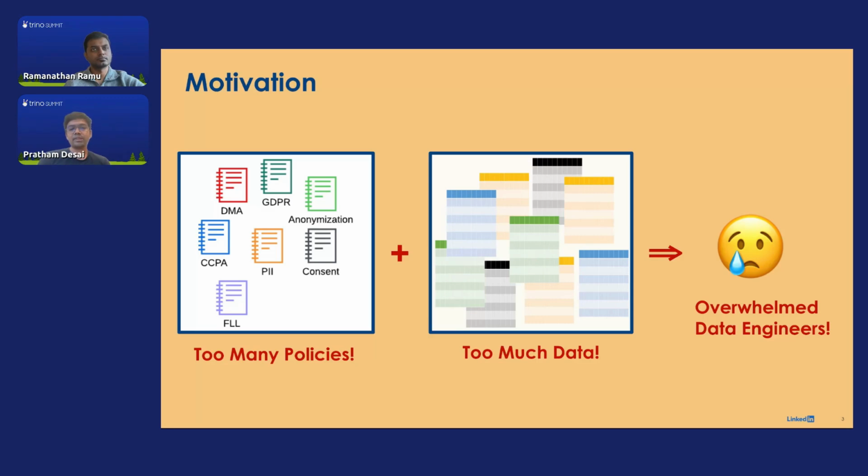The problem that we saw at LinkedIn was that it was hard for data engineering teams, even ML training teams, to process this data and derive insights effectively while making sure that they are compliant with every new regulation that comes up. So today we are going to dive deeper into this problem, talk about how we approach it, and then also discuss how that is integrated with Trino at LinkedIn.